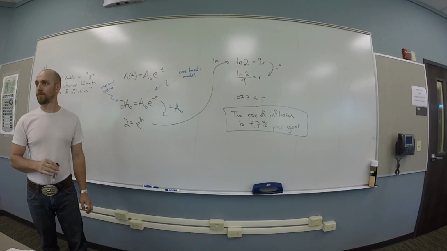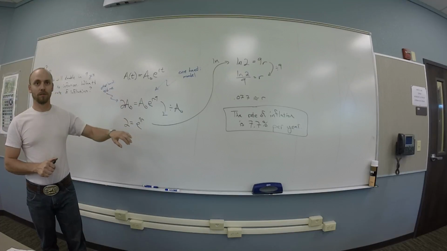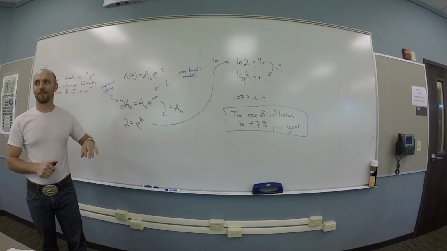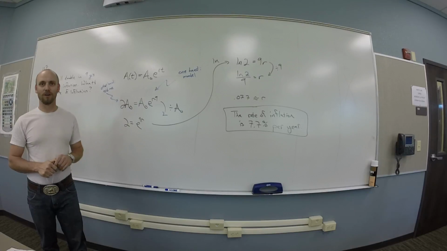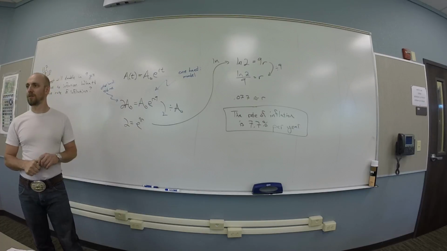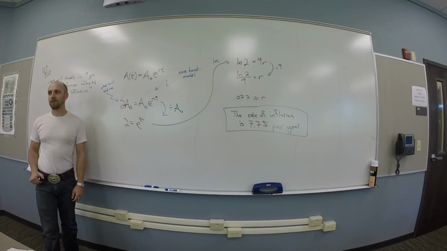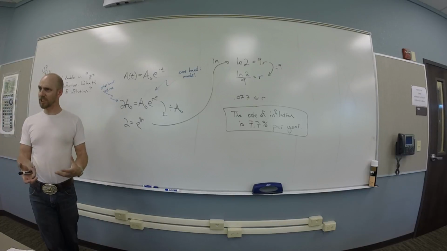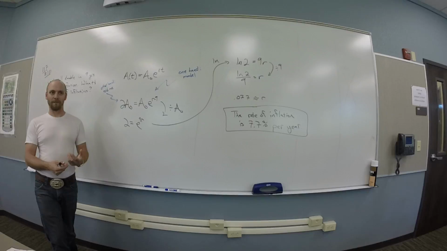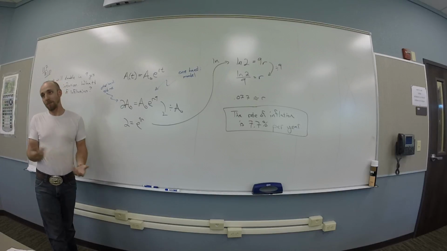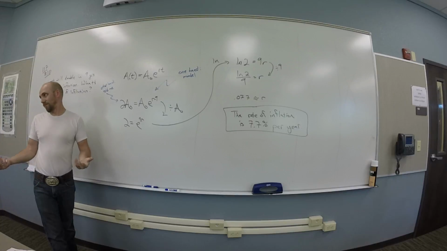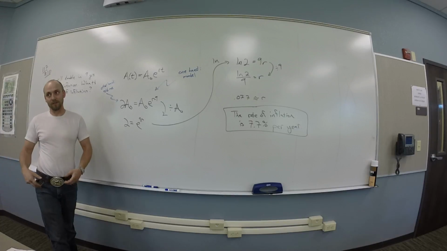Anything on this? Did it matter what an item cost? Did it matter what costs were when I started? No. Why not? Where'd they go? We divided here by A naught. If the cost of bread doubles due to inflation, probably the cost of everything else will double too, because it's just inflation.